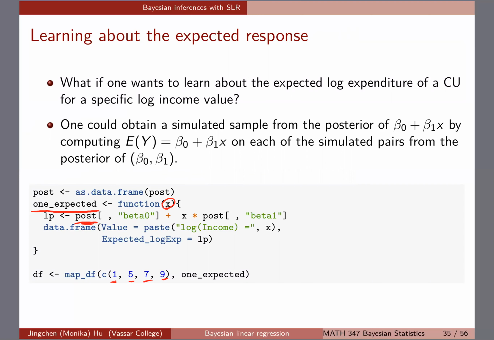In theory there are 5,000 draws of them, all triplets. We take the x value multiplied by the beta 1 value, plus the beta 0, that's the mean. Then we put it in the data frame and plot it. So in this case, we are plotting 5,000 expected values for each value of x. I think that clarifies.